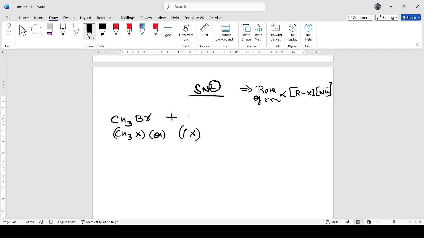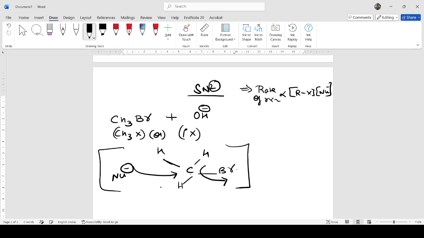If I take a nucleophile with me, OH minus is coming for an attack. Here what happens is that this CH3Br is like this. The attacking nucleophile comes from the back side and this Br minus leaves. Look at the geometry right now.